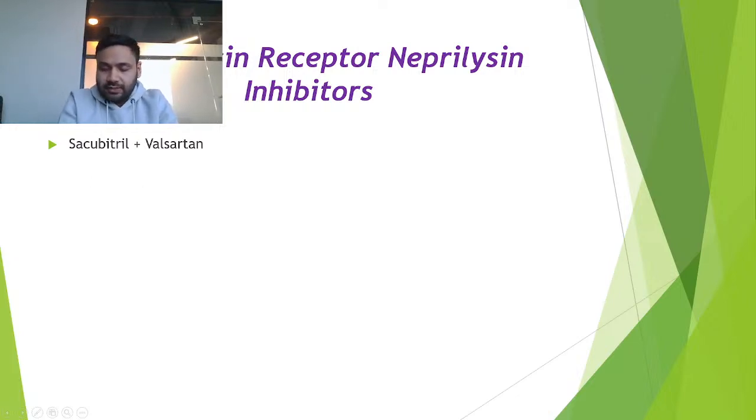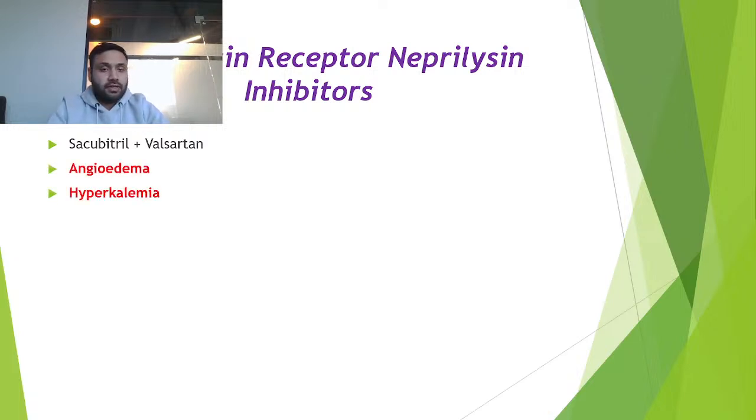As with ACE inhibitors and ARBs, we discussed that if you give an ACE inhibitor or ARB to a patient who was volume depleted, who has bilateral renal artery stenosis, who has hypovolemia, this would land them in acute kidney injury. Other important points to be noted: the neprilysin inhibitors increase the level of ANP and BNP.